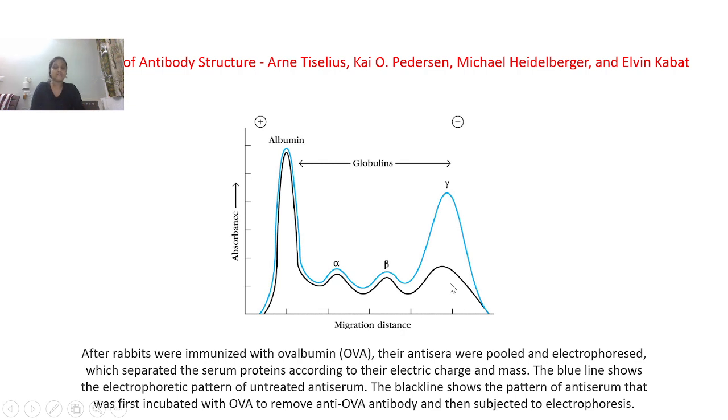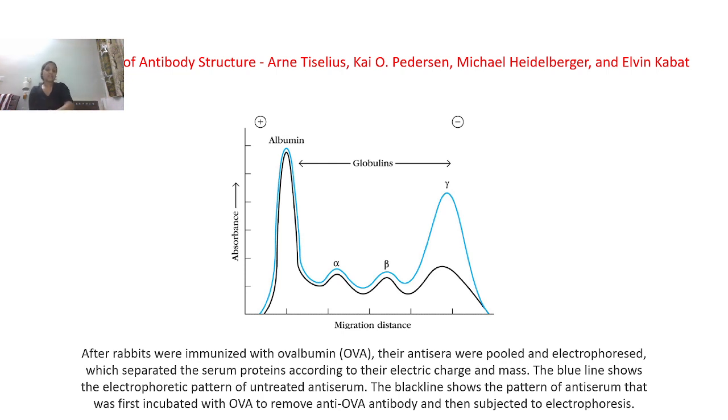So they concluded from the experiment that albumin was already present in the second also. This alpha and beta globulin also are present in the second fraction, but this gamma globulin was missing from that fraction. So they understood that this gamma globulin somehow reacted with this ovalbumin antigen and there is a precipitation.